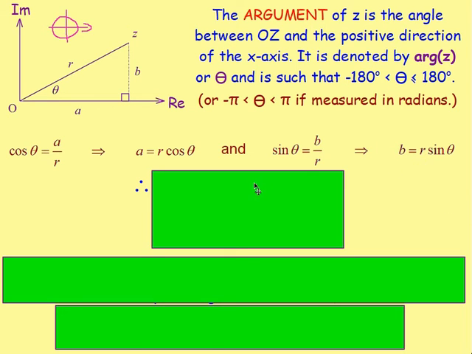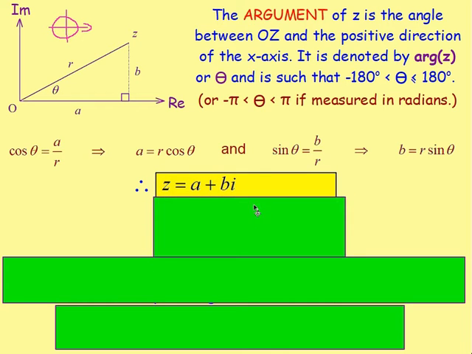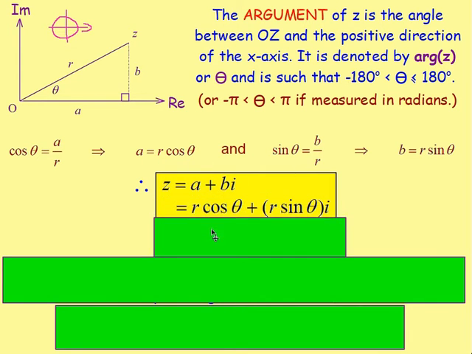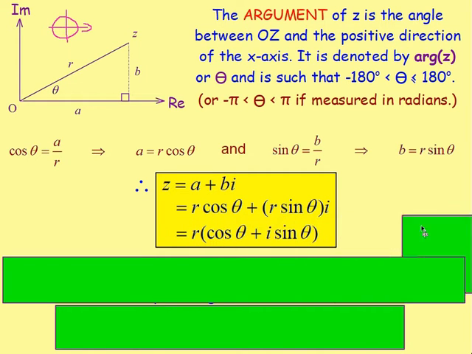With our general complex number z, there's a real part and an imaginary part, so you'd have a plus bi. If we replace a with r cos theta and b with r sine theta, we end up with r cos theta plus r sine theta multiplied by i, which is more commonly written, taking out r as a common factor, as r bracket cos theta plus i sine theta.